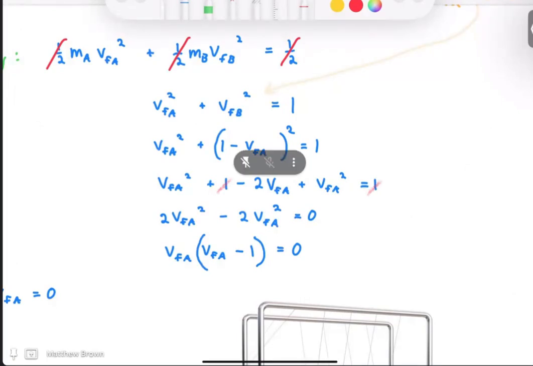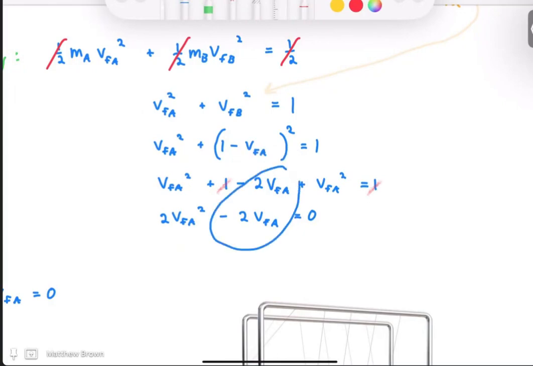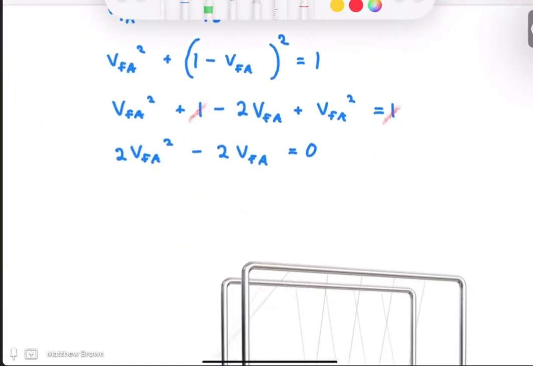Sorry, I did that wrong. That's where I messed up. That shouldn't be squared. This second term here is this same term there. So minus 2 V final A. That's one reason to be very careful with keeping squared terms and things that don't have squares separate.